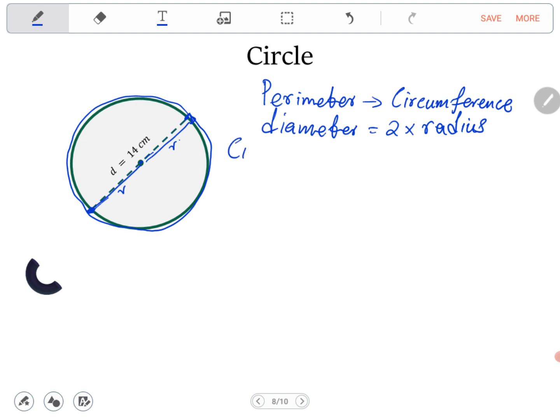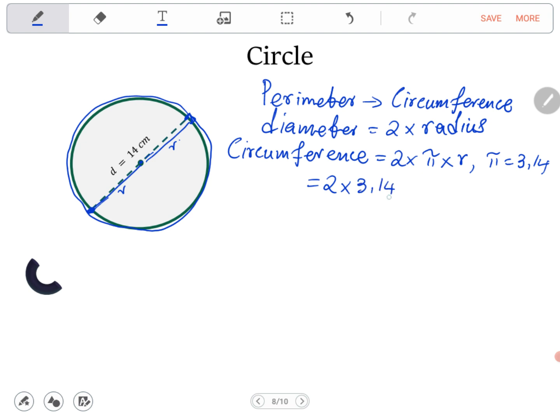So we say the circumference, now we are calculating the perimeter, will be 2 times pi times the radius, and pi will be 3,14. So we'll say it's 2 times 3,14 times the radius.